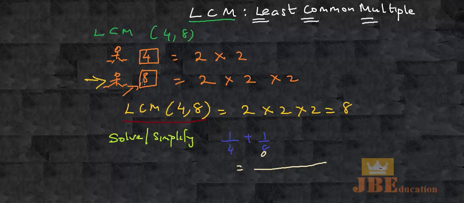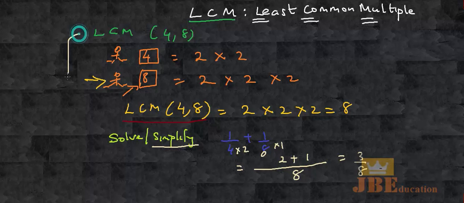The LCM for 4 and 8 is 8. Now 4 divides 8 twice, so that's going to be 2 there. And 8 divides 8 once, that's going to be 1 there. So the simplified form of 1 over 4 plus 1 over 8 is going to be 3 divided by 8. That is just one of the ways in which LCM is used to simplify fractions.